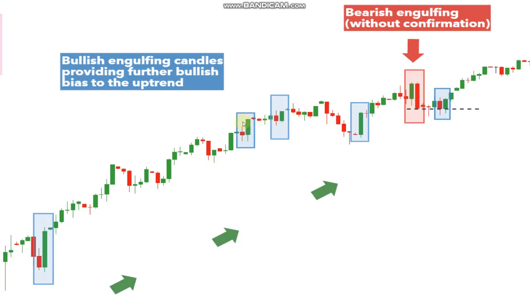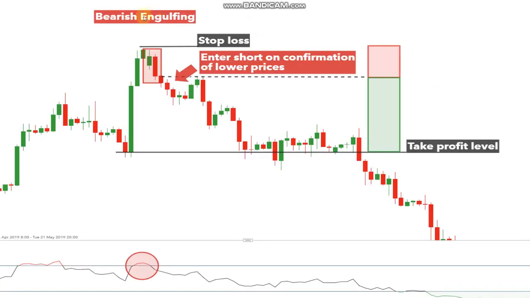This shows bullish reversal signs, and this is a bearish reversal sign already. Again, see, this is a bearish engulfing pattern, and probably now you have got a fair idea how it looks on chart. So this is how a bearish engulfing pattern looks like on chart.